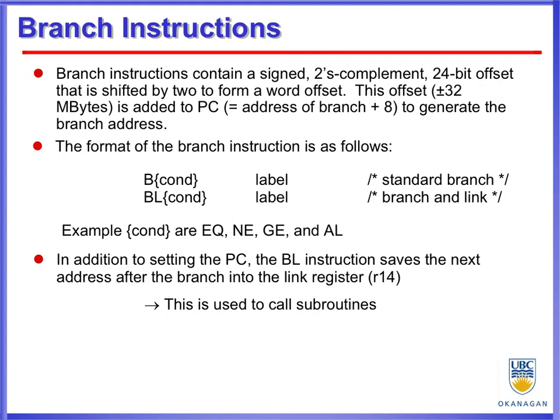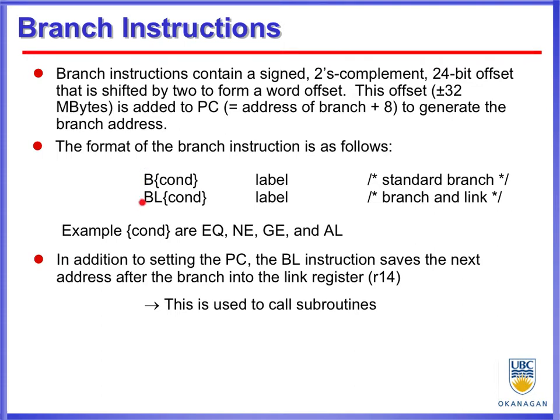So when a branch instruction is executed, this offset is added to the program counter, and then the program counter is updated with this new address, so that once the branch instruction is finished executing, the next instruction is not going to be the one right after the branch, it's going to be the one at the address of the next instruction plus the offset. So it's just a way to branch to a different place in our code, okay?